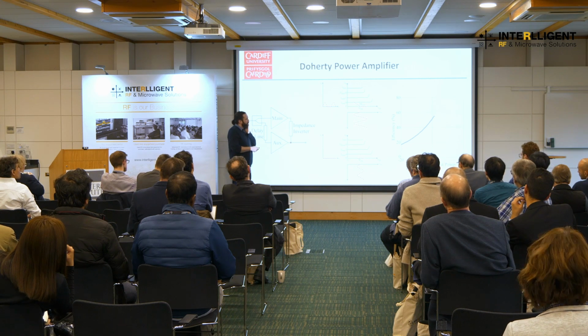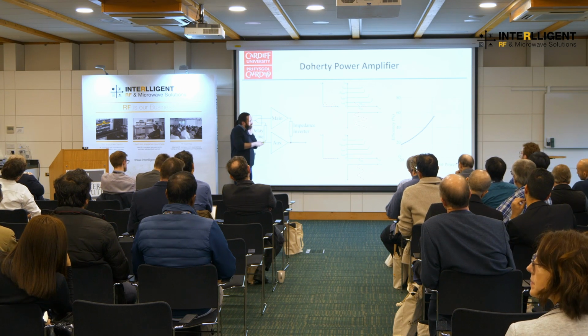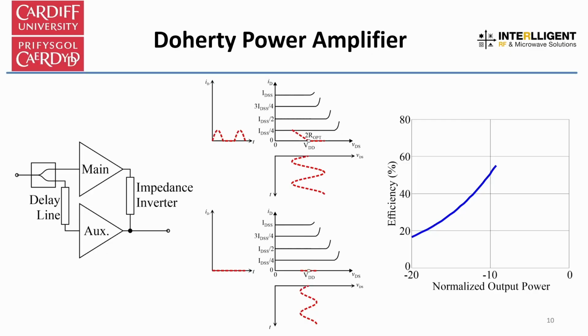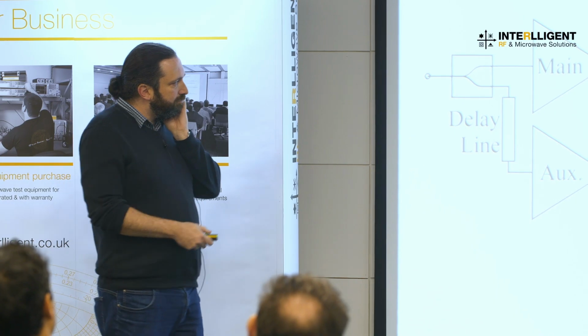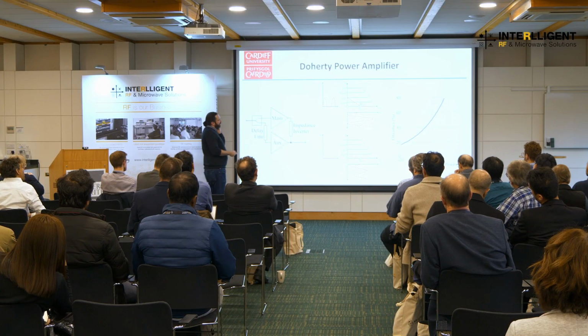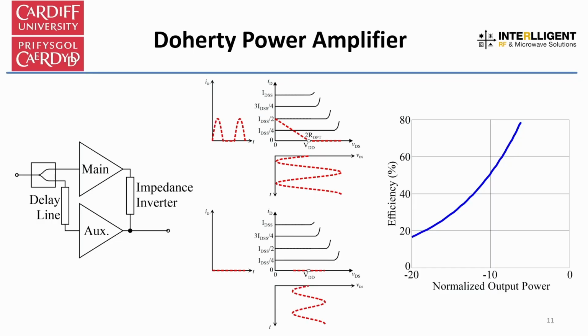And it has some loading that gives a voltage, right? So you create a voltage. But the auxiliary is not conducting; it still has a voltage on it because the two are connected together with a non-isolated combiner, but there's no current. Typically we achieve this by biasing in class C. Then as you increase the power, you arrive at a point where the main is basically at compression, saturation, clipping, you can call it in many ways.